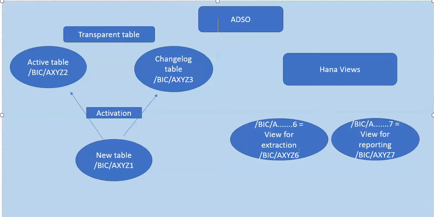You can use the active table as your data source. That is absolutely okay, and you will get the same data. If you're using a small amount of data, that's fine, you cannot see the difference. But when your ADSO is transferring millions of records, you should use views so that your data extraction can be faster.